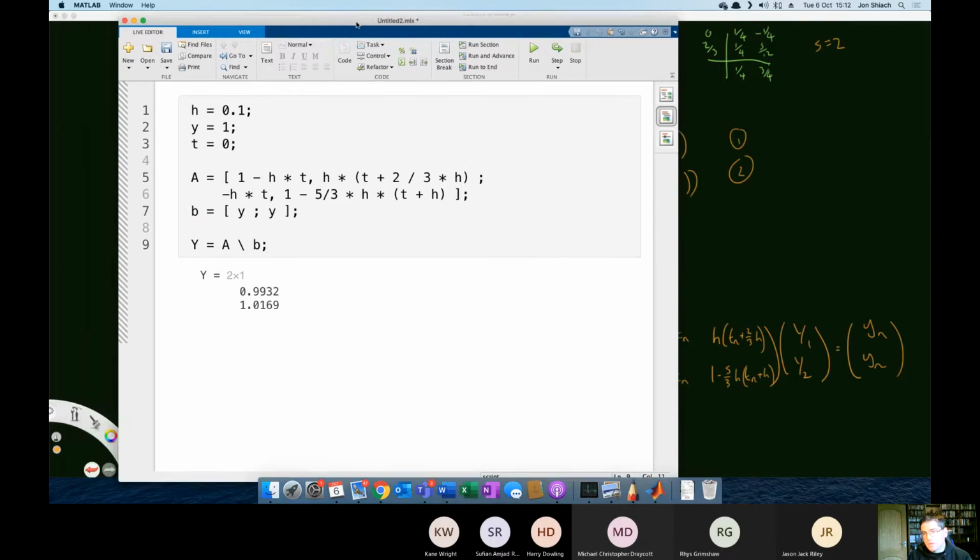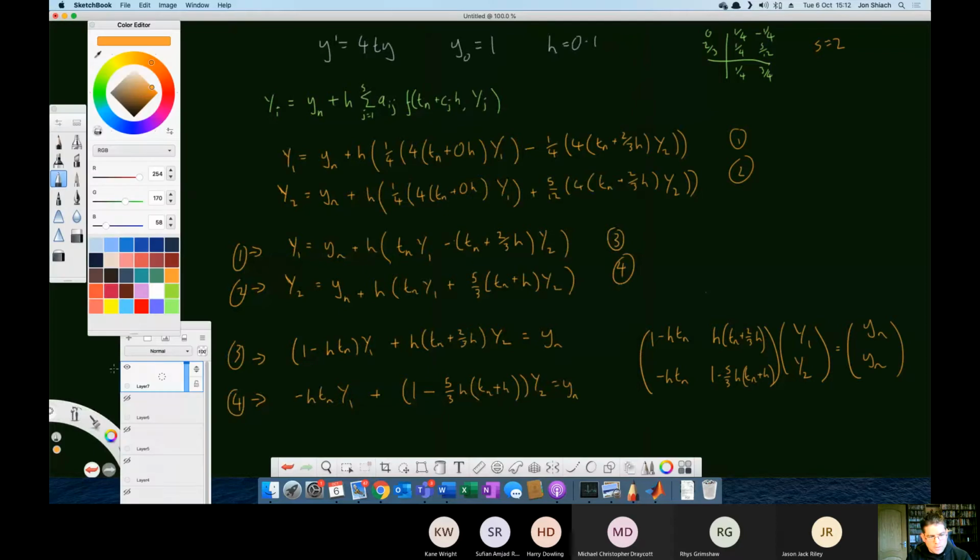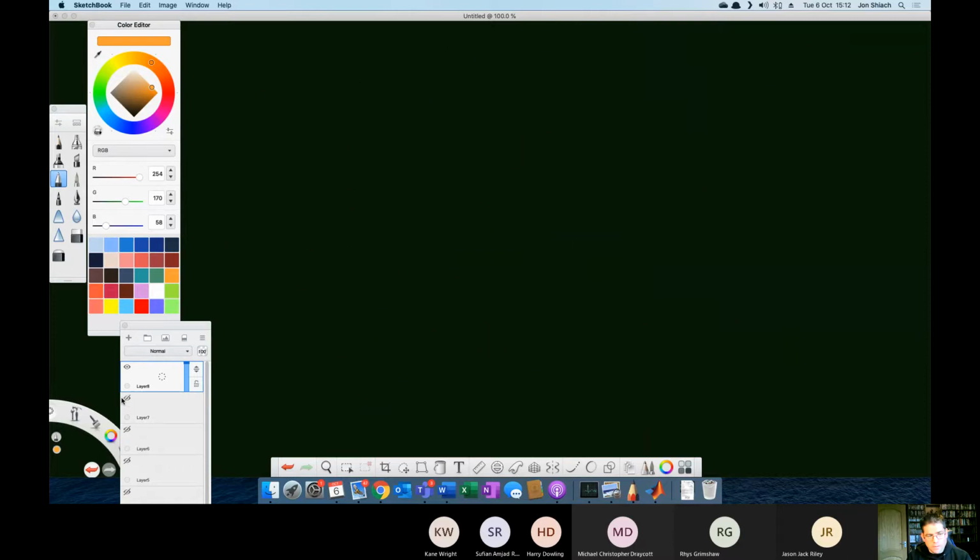Okay, so I'm going to go back to my scribblings and open a new layer. We've solved that system, so we've got y1 equal to 0.9932, and y2 was equal to 1.0169.